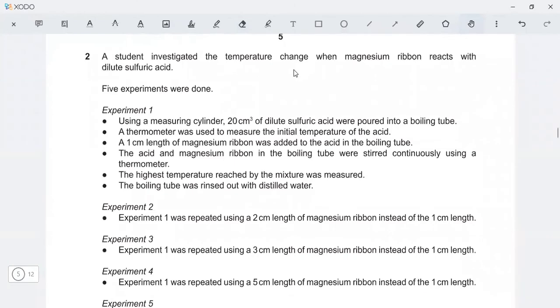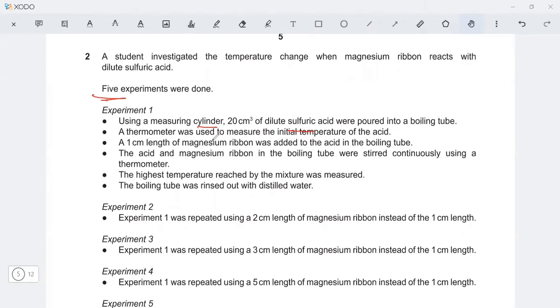Question number 2. A student investigated the temperature change when magnesium ribbon reacts with dilute sulfuric acid. Five experiments were done. Experiment 1: using a measuring cylinder, 20 cm3 of sulfuric acid was poured into a boiling tube.